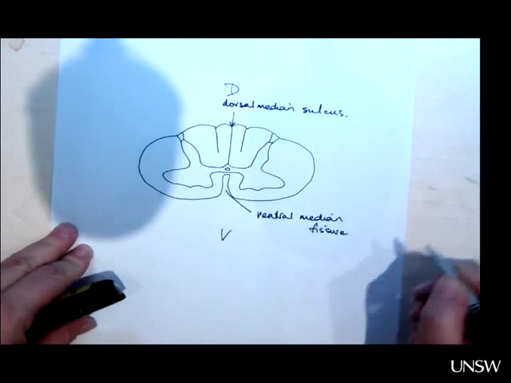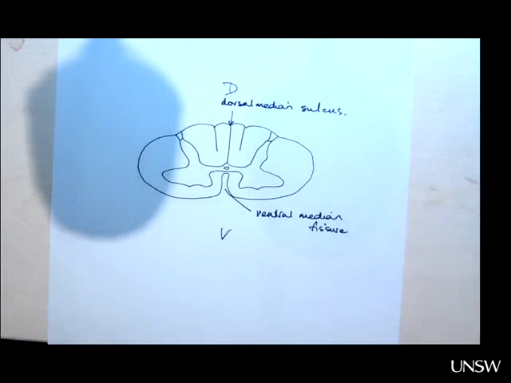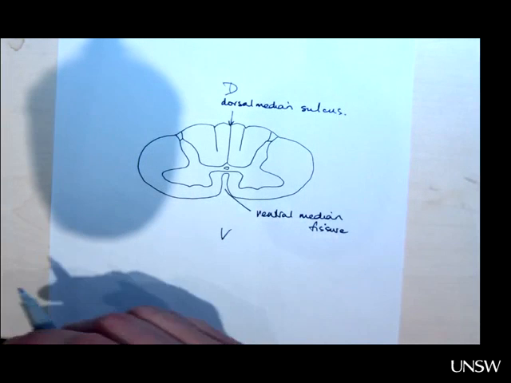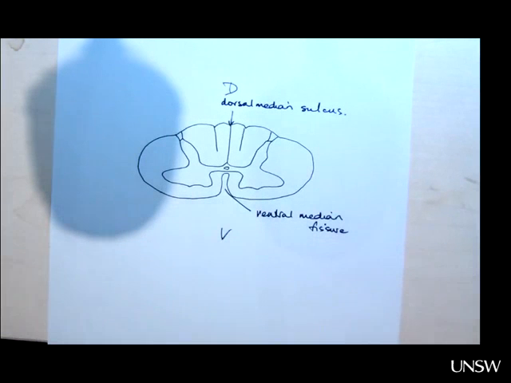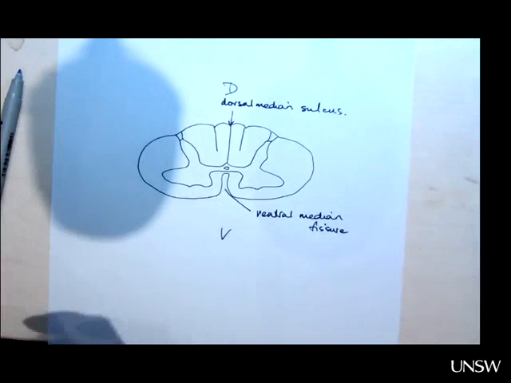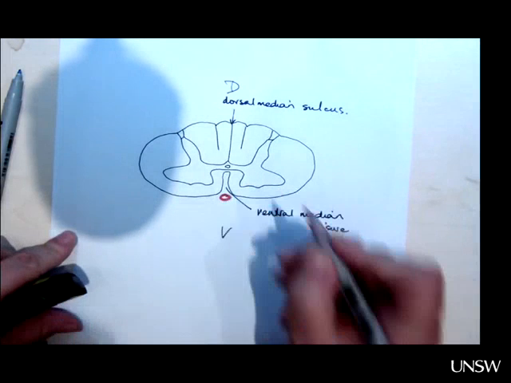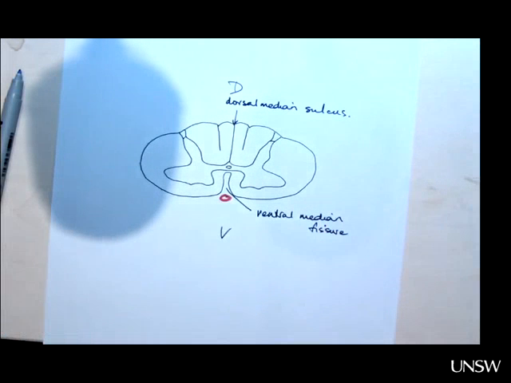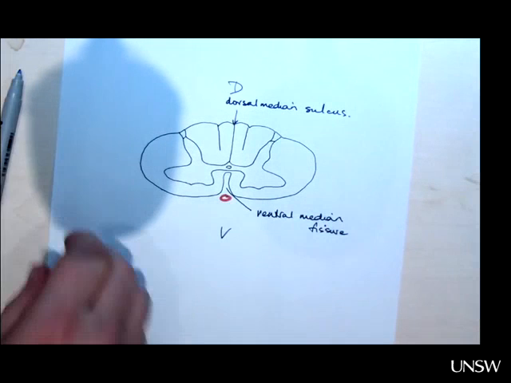Sometimes it's called a sulcus, but a fissure is a deep sulcus, so you can kind of interchange those terms. That's the thing that really characterises the anterior part of the spinal cord. But sitting within that is an artery. Normally you will see an artery sitting in that fissure, running down the anterior surface.